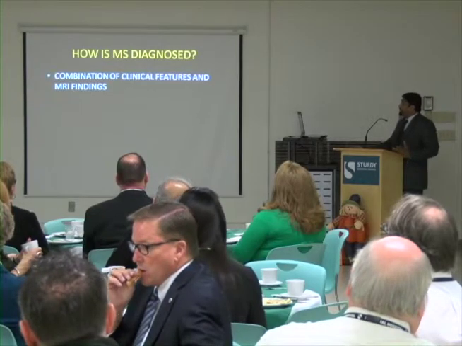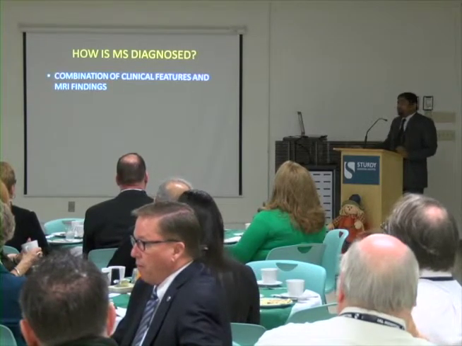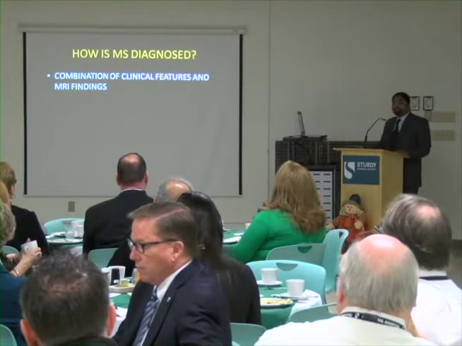So how do we make a diagnosis of MS? It's based on a combination of clinical features and imaging findings, basically MRI findings, magnetic resonance imaging. I just mentioned that MS is basically an interaction between the nervous system and the immune system.